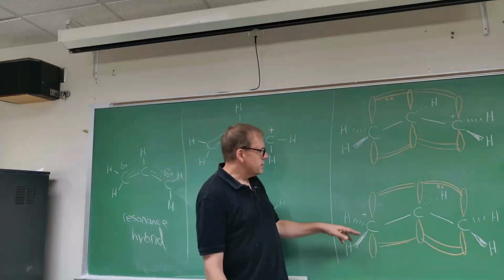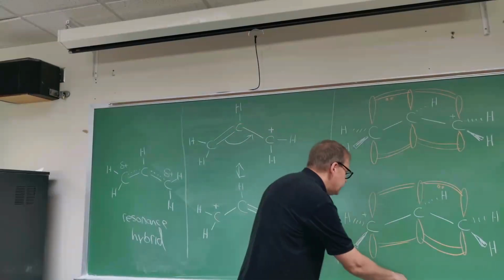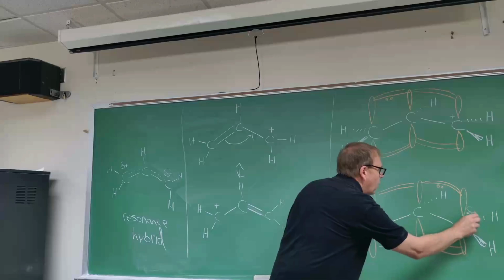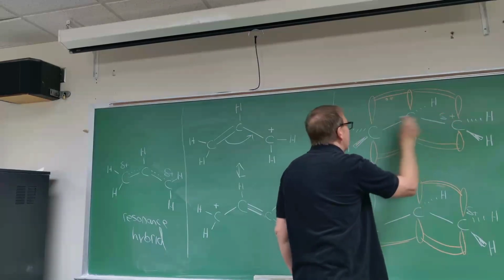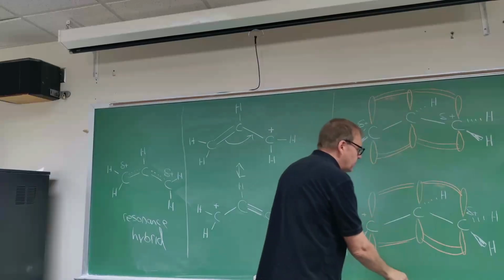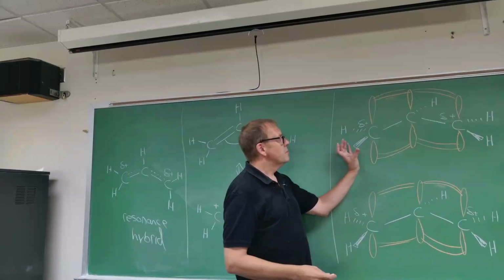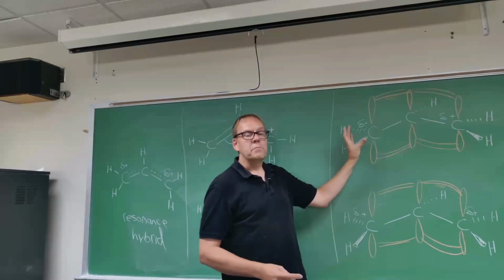And it isn't like the positive charge is on the left some of the time and on the right some of the time. It's on both carbons at once. And these dots, they're not localized in any one spot. So I'll just erase them and say that you have to imagine there's 2 pi electrons in this system that are spread out over this whole overlapping array of p orbitals.